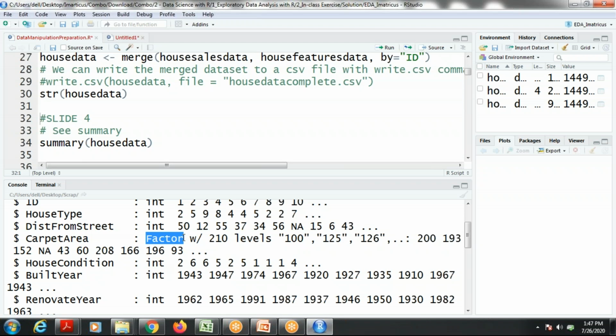So here user intervention is required. We need to make them either all numeric or all character. We'll talk later. But I wanted to sensitize you here that whenever we read the data, it is very important for us to run this str, structure, to know how the reading of data is happening by R.